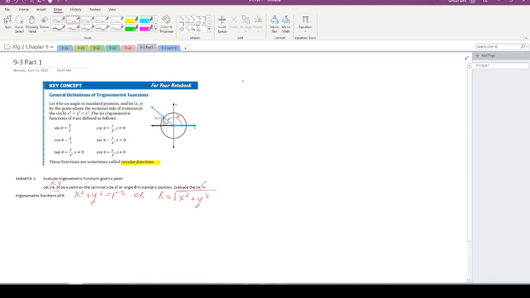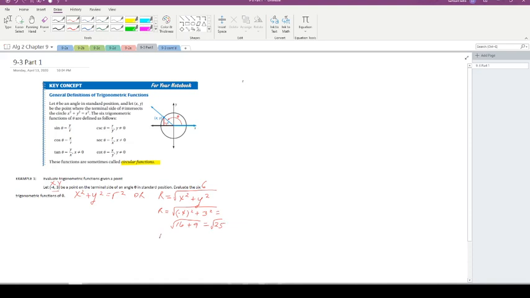In this case, we have x and y right here. To find the radius, I'm going to use this one because it's easy. So r is equal to the square root of x squared, which is negative 4 squared, plus 3 squared, which equals 16 plus 9, and of course I have to take the square root of that, which is the square root of 25.